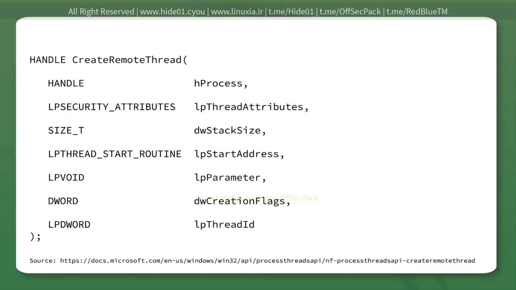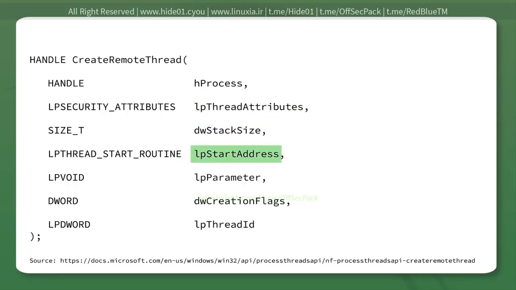This API accepts 7 arguments, but will ignore those that aren't required. The first argument is the process handle to explorer.exe, followed by the desired security descriptor of the new thread, and its allowed stack size. We'll set these to 0 to accept the default values.